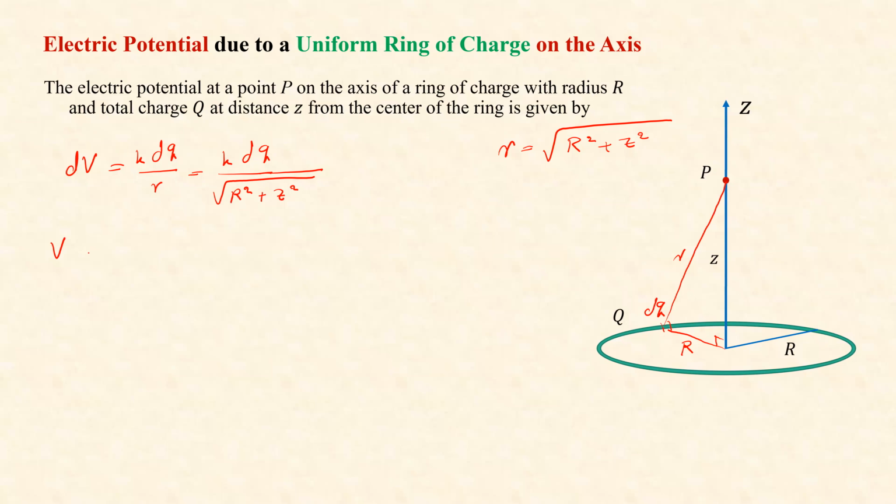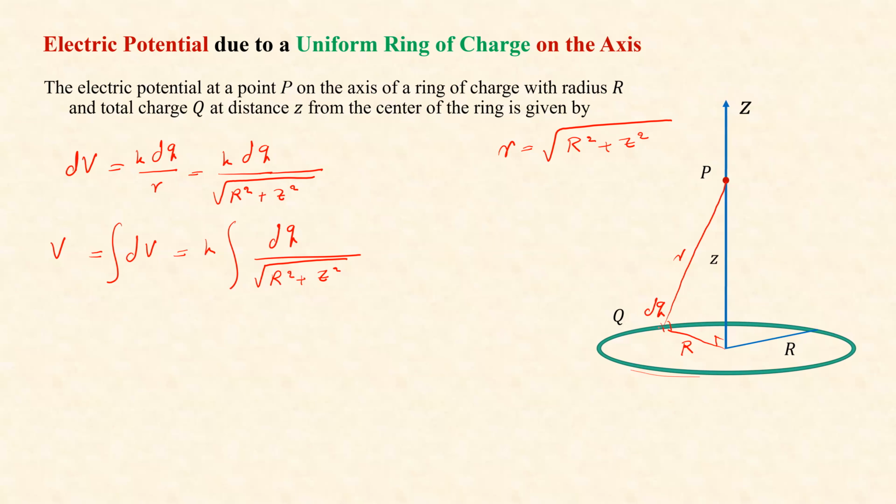And then V becomes the integral of dV, which is k times the integral of dq over the square root of r squared plus z squared. But then we have to move this dq around and add all these contributions here.